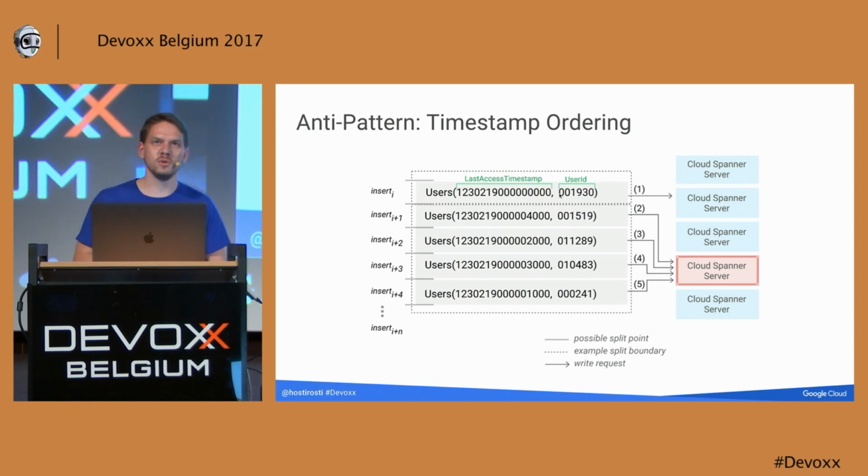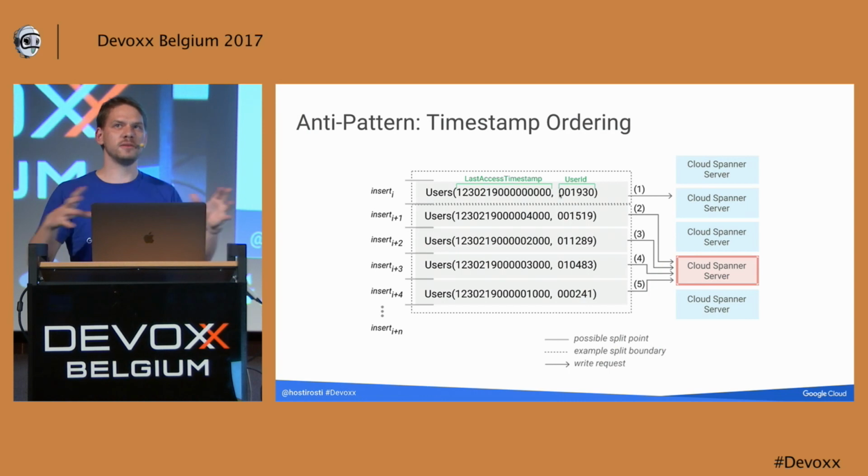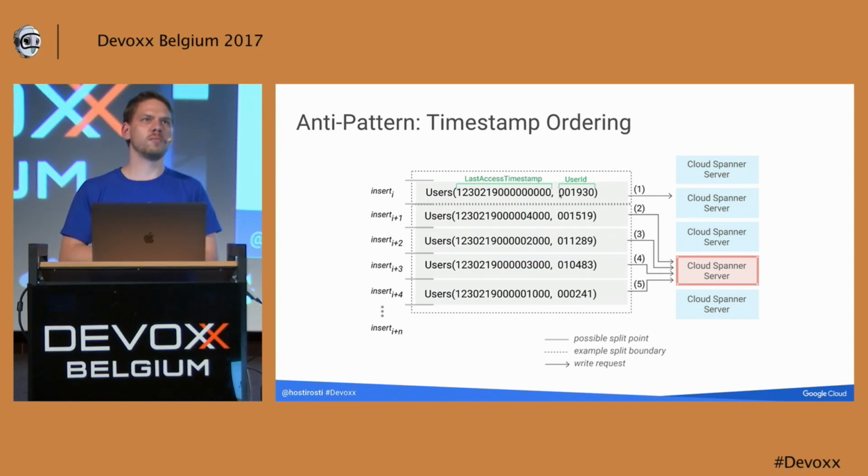So what happens if you use something that is monotonically increasing? I mentioned that we split the table lexicographically on the primary ID, on the primary key. Now, if you use something that is monotonically increasing or decreasing, like an ID that you generate like a sequence or timestamps, for instance, then all your changes, all your inserts and updates where you use the latest timestamp as a primary key, all that ends up in one split.